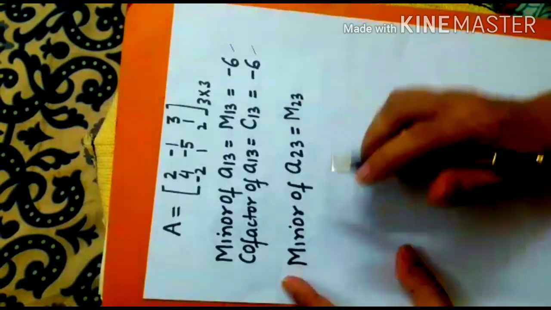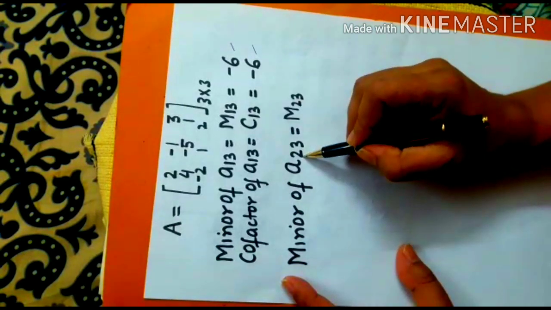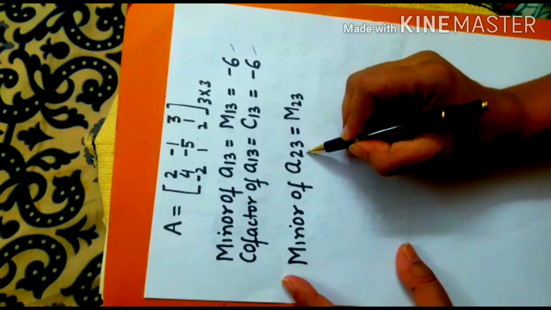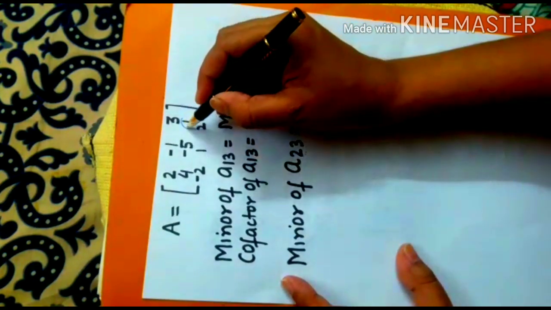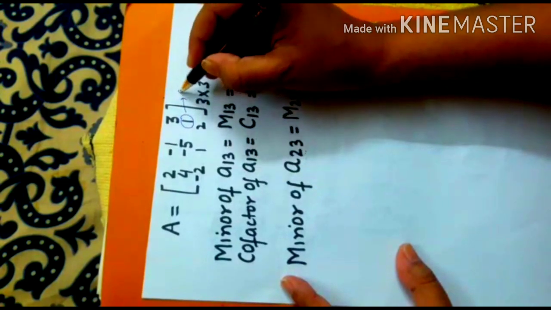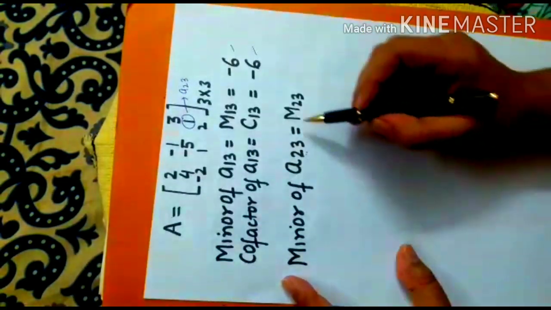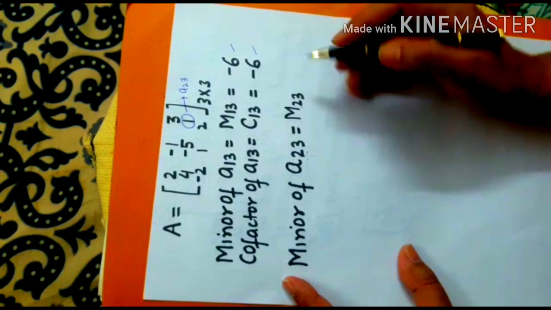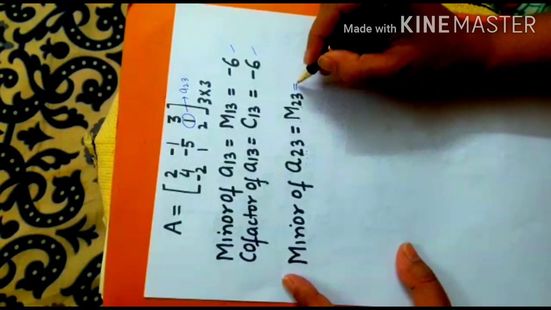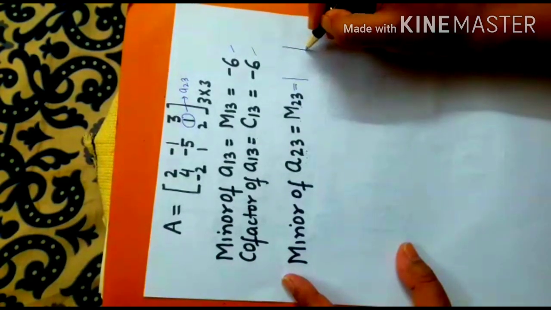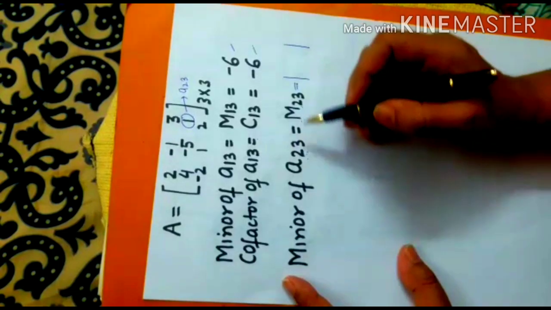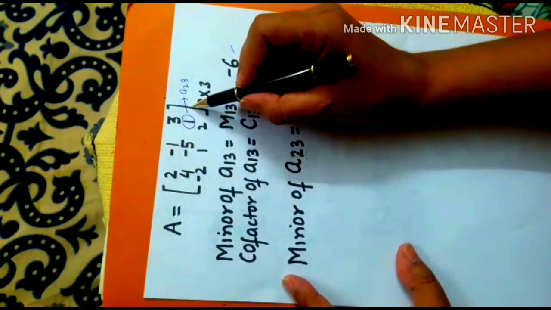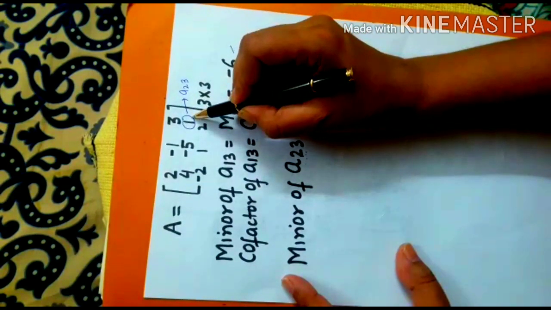Now let's find the minor of the element A23. A23 means the element present in the second row and the third column. So this is your element A23. The minor of this element will be denoted by M23, and it is equal to the determinant of the submatrix obtained by deleting the row and the column in which this element lies.